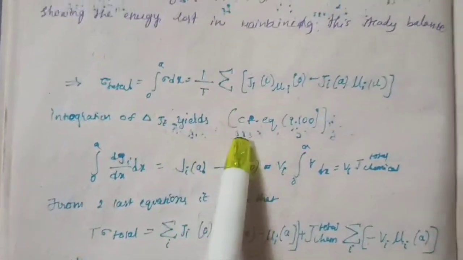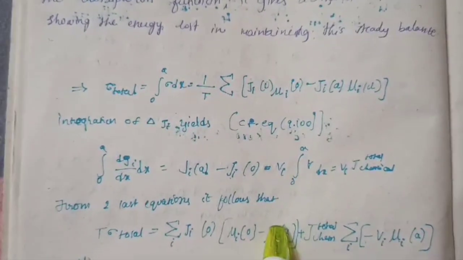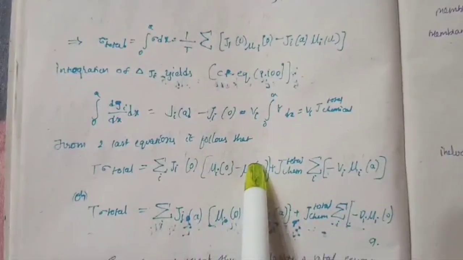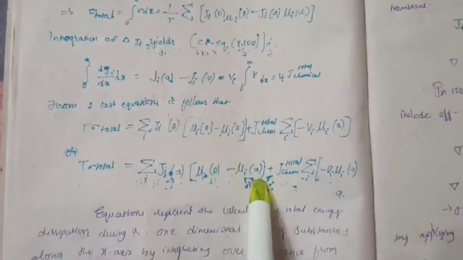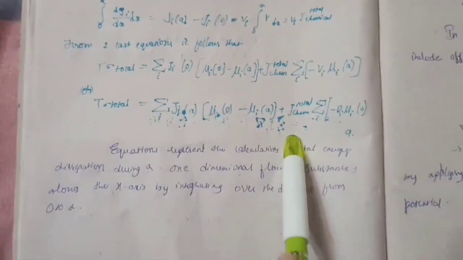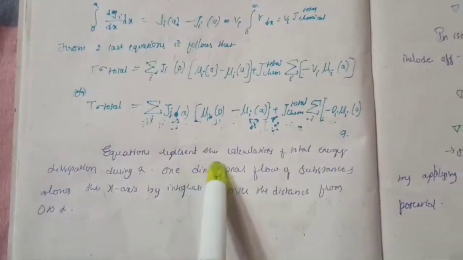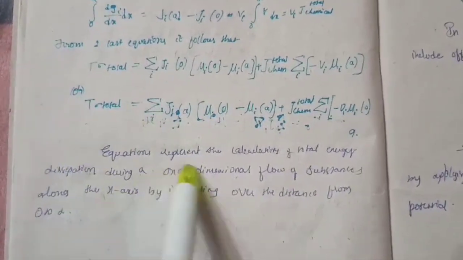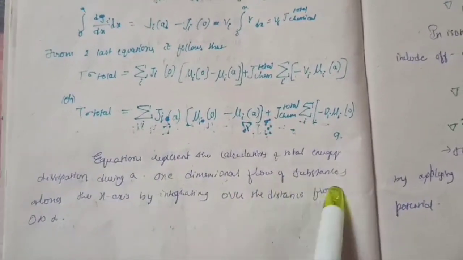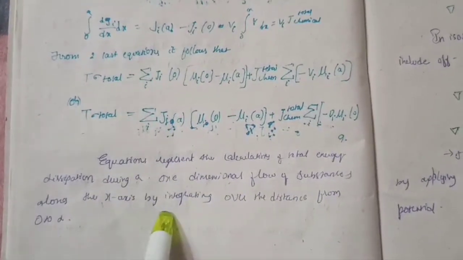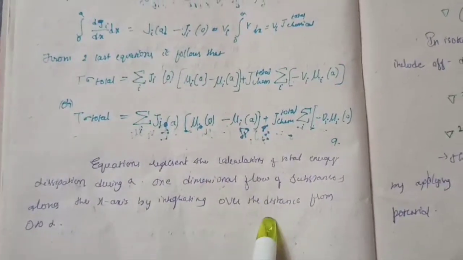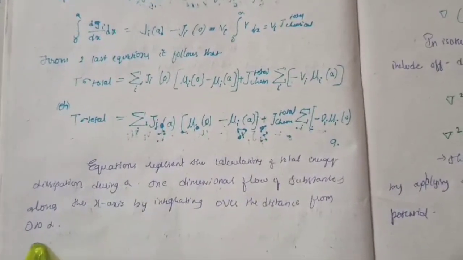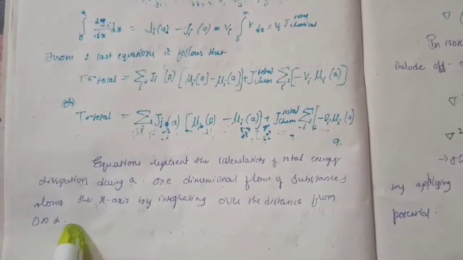This equation follows the last equation. It represents the calculation of total energy dissipation during a one-dimensional flow of substances along the x-axis by integrating over the distance from 0 to alpha.